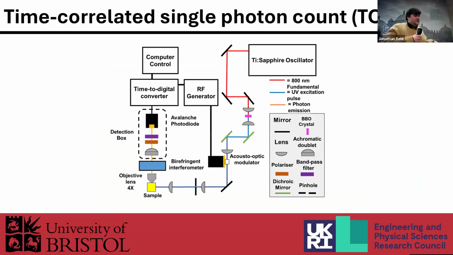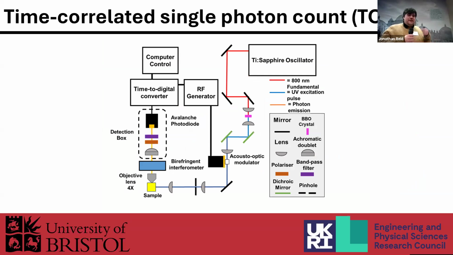One of the first techniques we used was time-correlated single photon counting, and this is basically to measure the fluorescence lifetime of our sample. This may look very complicated, but essentially we're exciting with a UV pulse, and then collecting photons over time.